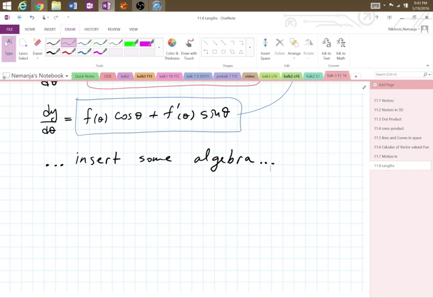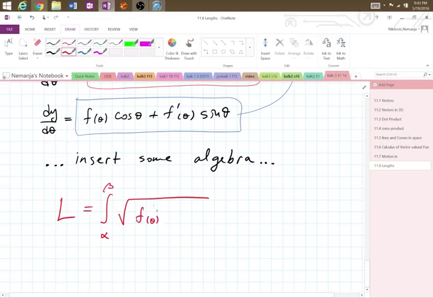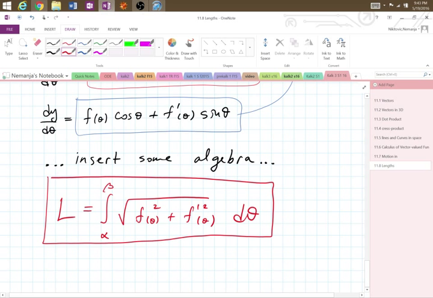And we get the length of the curve given in polar form, integral from alpha to beta of the square root of f of theta squared plus f prime of theta squared d theta. Length of curve in polar coordinates.